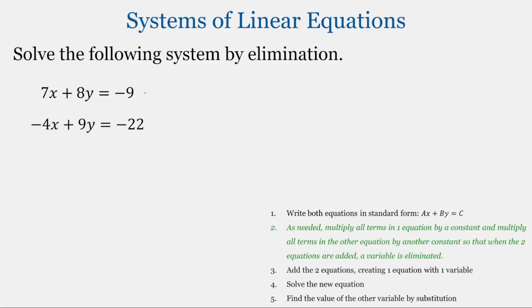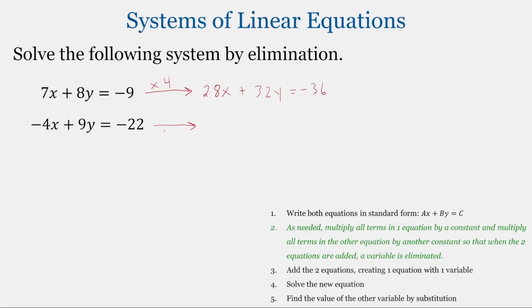As I have mentioned before, I'll typically draw an arrow and then indicate what arithmetic I'm doing. So I'm going to multiply the first equation by 4. We get 28x plus 32y equal to negative 36.